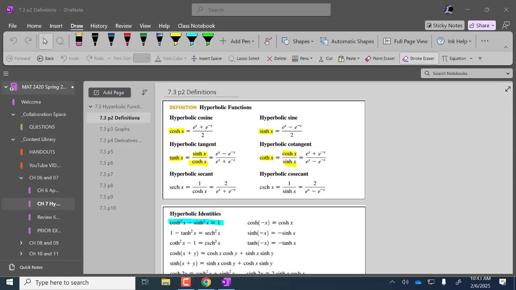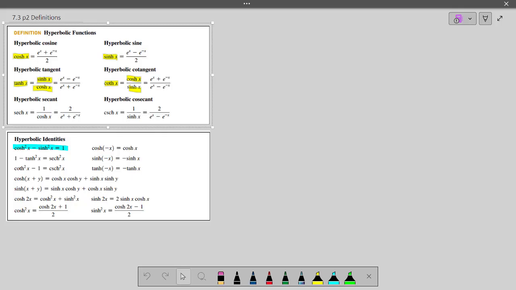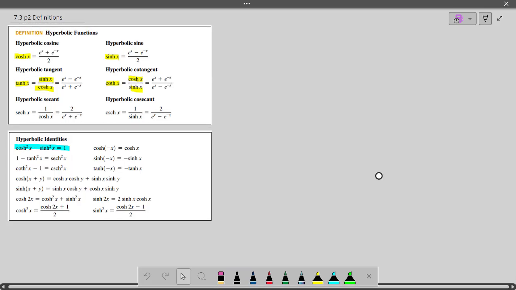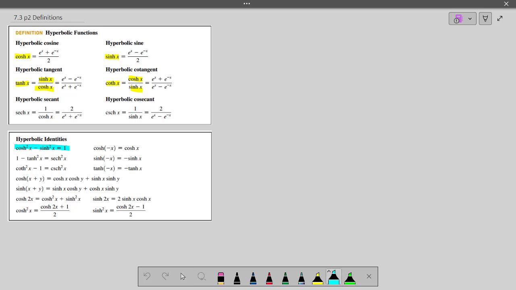So looking at these identities for the hyperbolics, again, we're not going to get into the weeds with these identities. We're focusing on derivatives and integrals. So we're just looking at the parallels between the hyperbolics and the circulars right now. And this fundamental identity, it's not really a Pythagorean identity because we're not dealing with triangles, but it's like the Pythagorean identity.